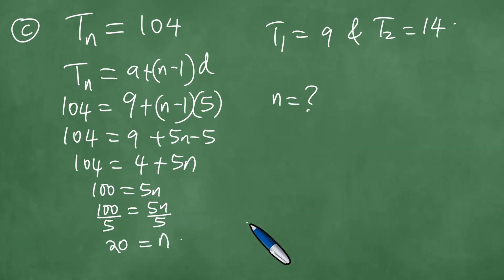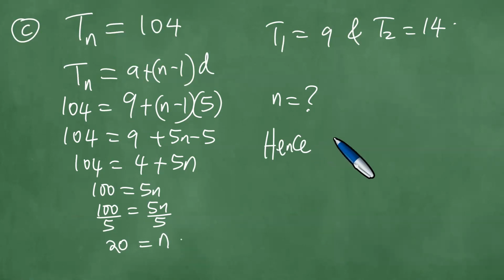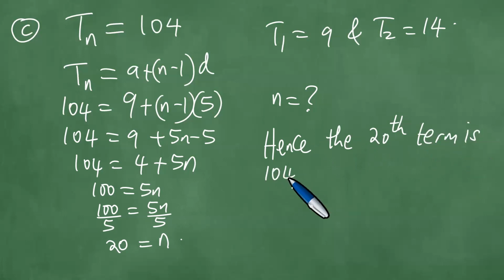And after we got this, because the question was, which term of the sequence is equal to 104? Hence, the 20th term is 104.